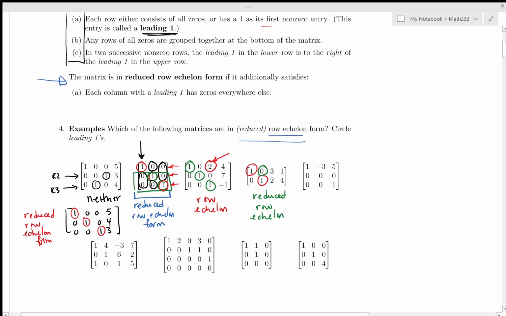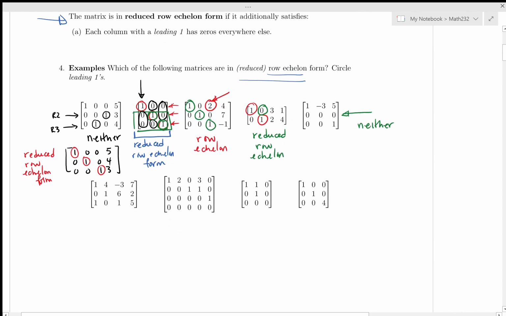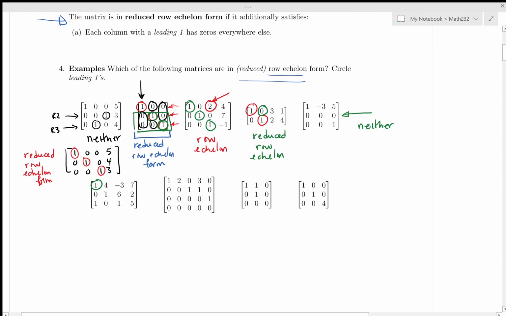Next one over, I see a row of zeros, and it's not at the bottom. So this one is neither. I keep moving down here. I will circle the leading ones on this one. For some reason, I always want to say leading zeros.